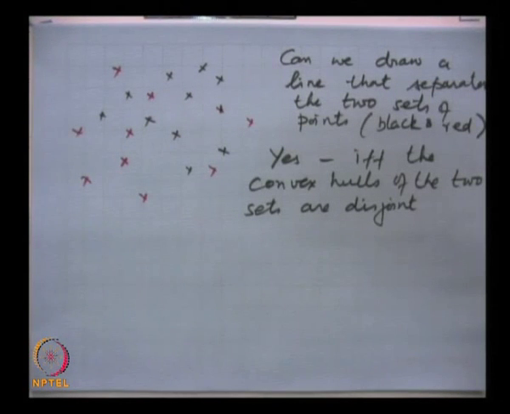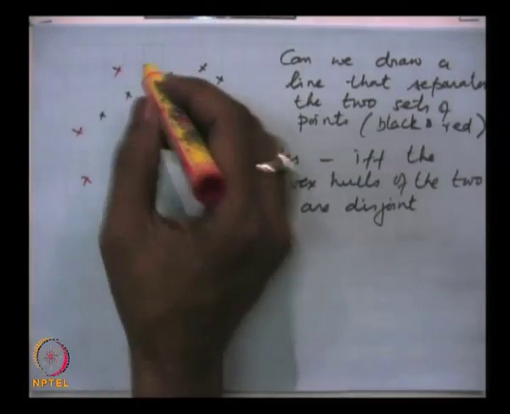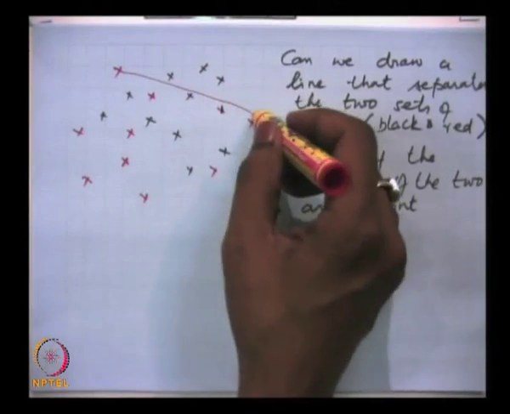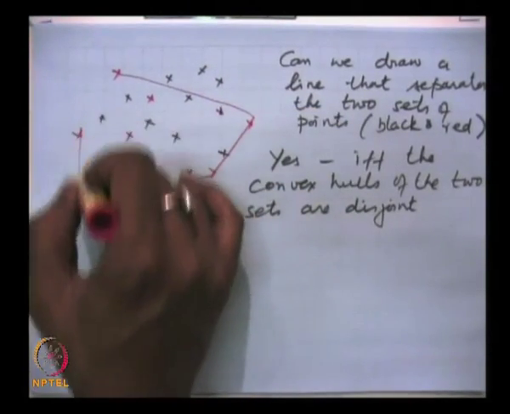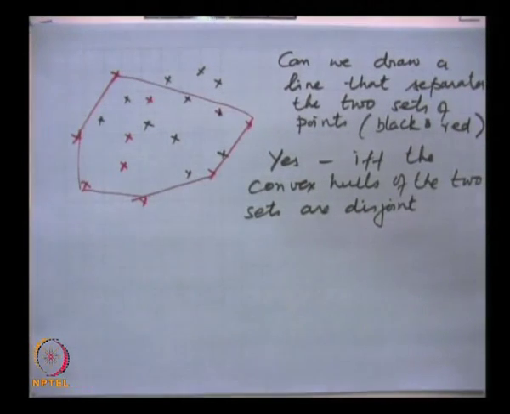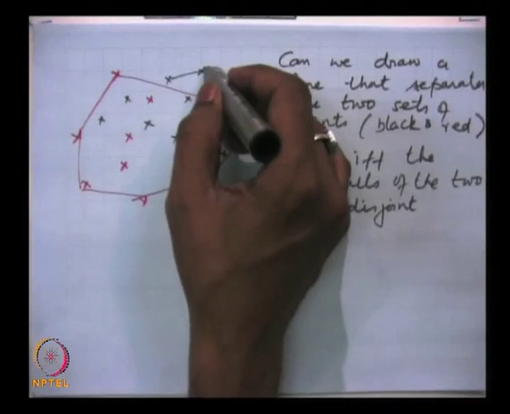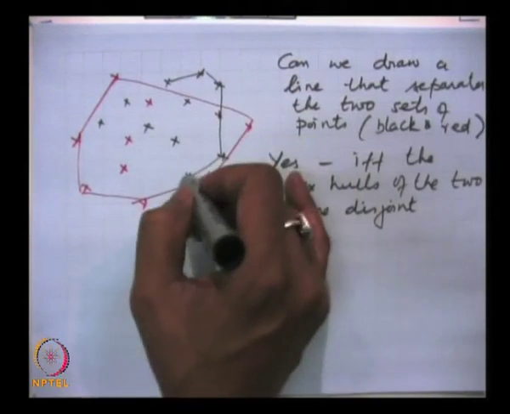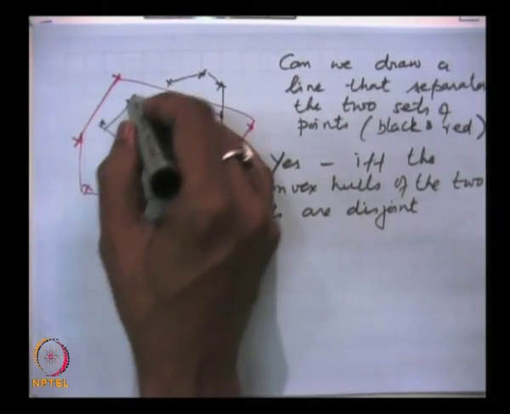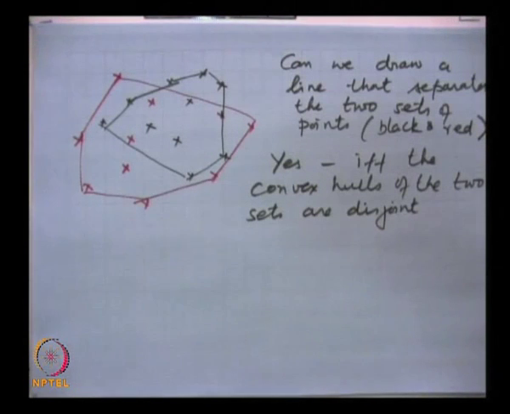But in this particular case, of course, if you look at the red point, this is the convex hull of the red points, and there is an intersection of the convex hulls. So there is no way that you can actually separate them.